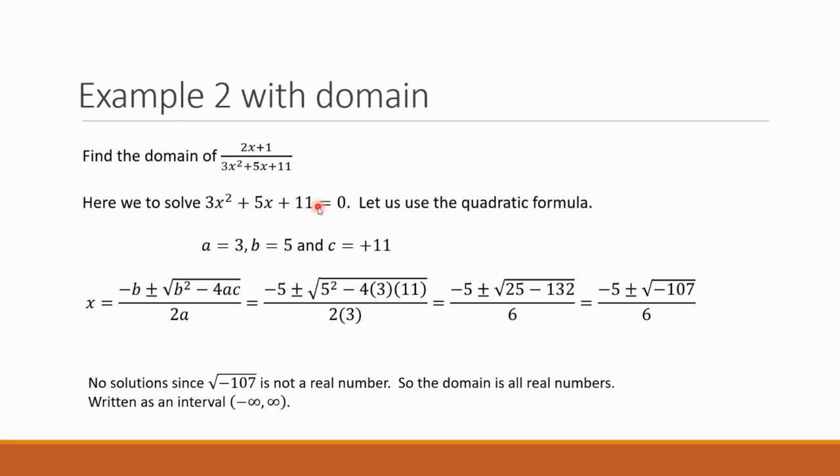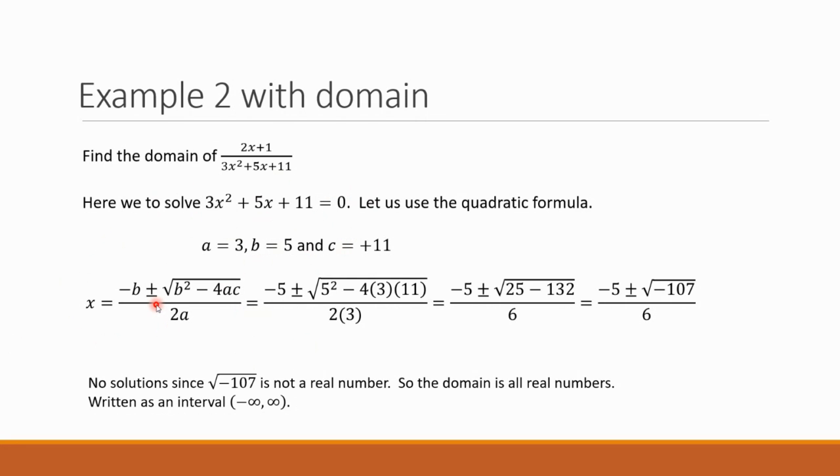Factoring has its advantages, but since I'm not being told to factor, I can just use the quadratic formula. A is our leading coefficient, B is our coefficient of x, C is the constant. Here's the formula.